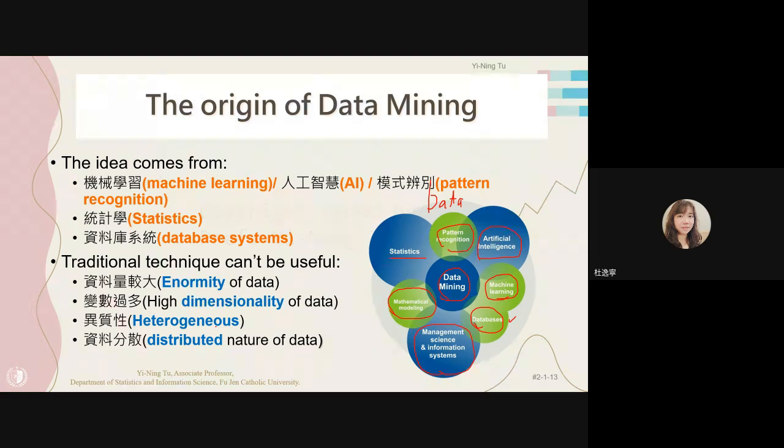We have to use other skills and the distributed nature of data. 就是以前呢，资料其实是分处在 each department of the company. For example, finance, human resources, and HR. So the data is distributed in different departments. So now they will combine together, and we have started to do the data mining.